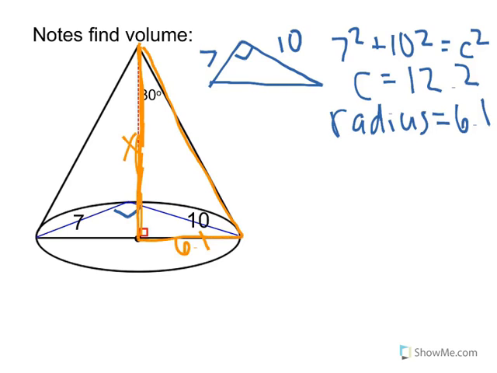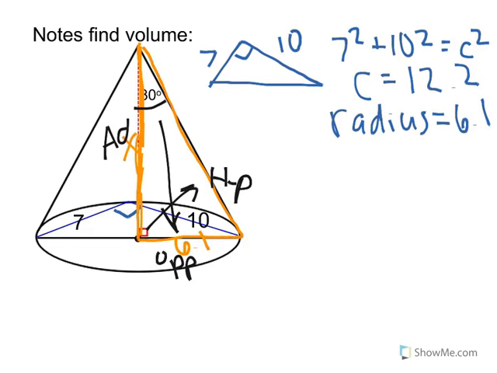I can use trig, or it also happens to be a 30, 60, 90 if you would like to use that, but if not, that's okay. So this is my index angle. This is your opposite side, this is the hypotenuse, and this one is our adjacent. I have O, and I'm looking for A, so that's going to be tangent.